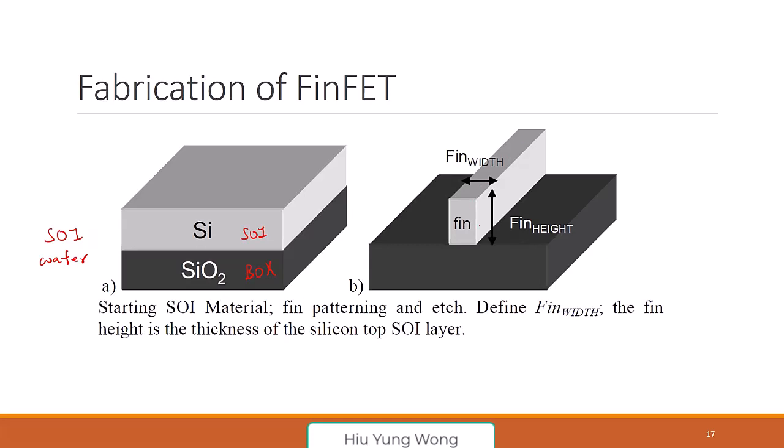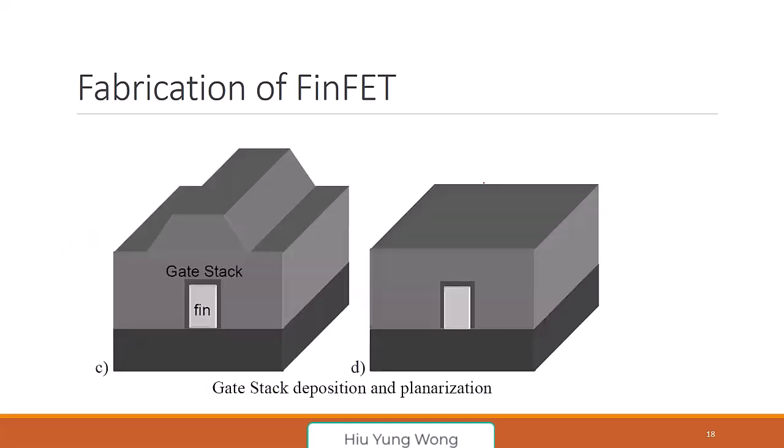And this is called fin height and fin width. Then what do we do? We deposit the gate material, first the oxide and then the metal. We do some planarization to polish it first, because now it's a 3D transistor. The reason we want to do planarization is to ensure a good lithography process.